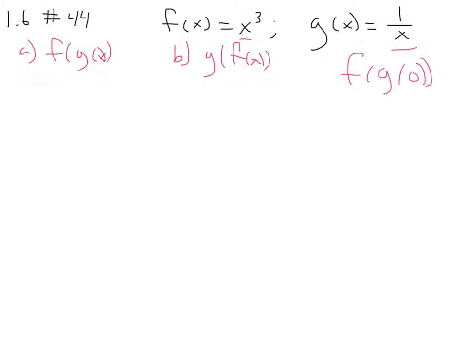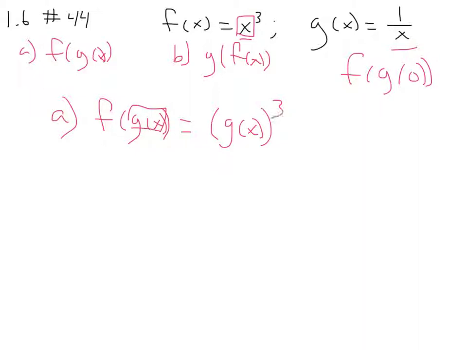Okay? So, for this particular problem, f of g of x means that we take our g and stick it everywhere where there's an x in our original function, right? This is our magic box. So g of x is going to get cubed.